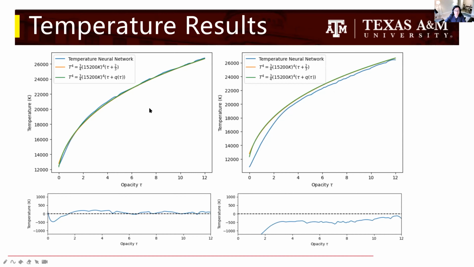And here are the comparisons between the physics-informed neural network results and the theoretical results. On the left column, these results are trained using the physics-informed neural network with the update of collocation points, as I mentioned in the last question.